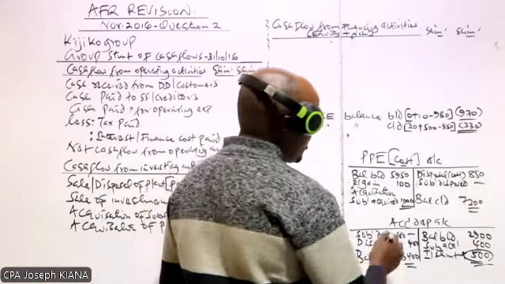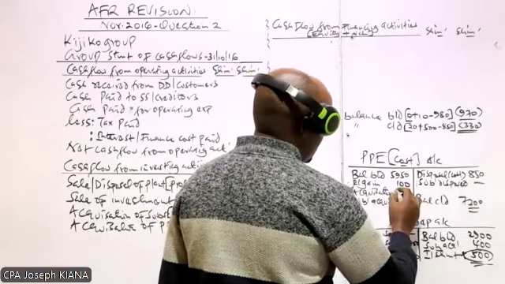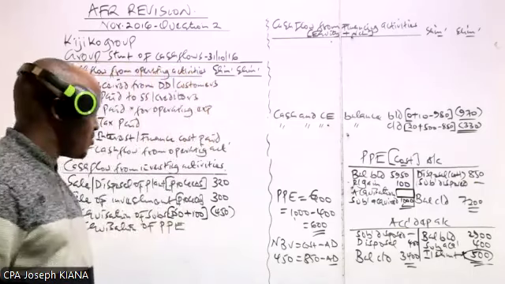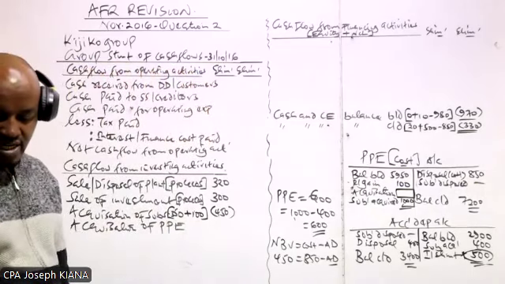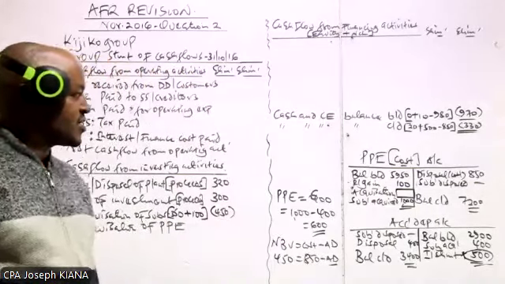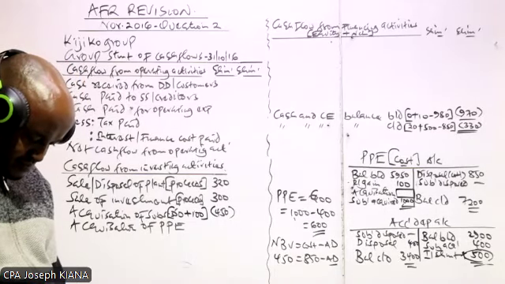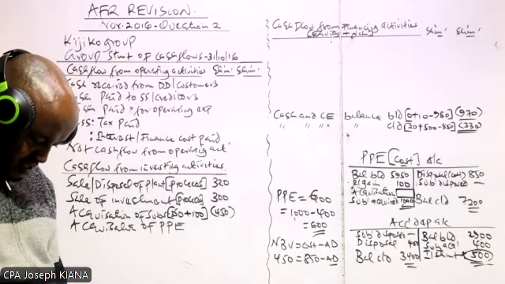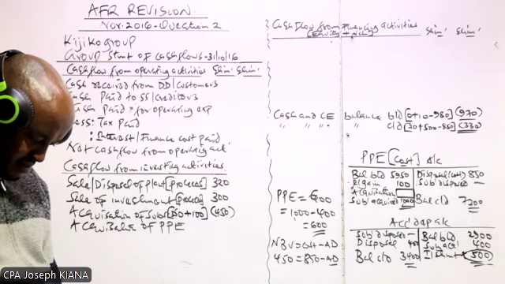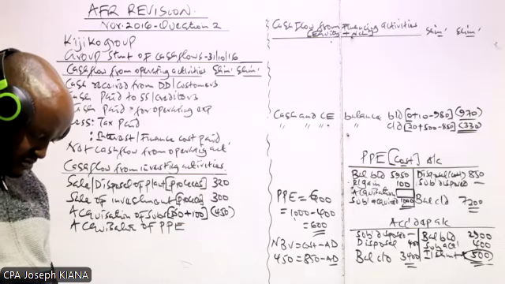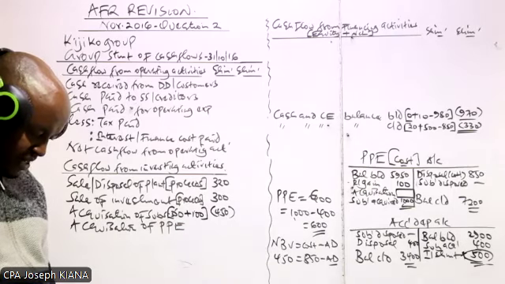So what is missing in our account? What is missing are the PPE which were acquired, and that is what we want to determine, and we record it here. That will give us the balancing figure.